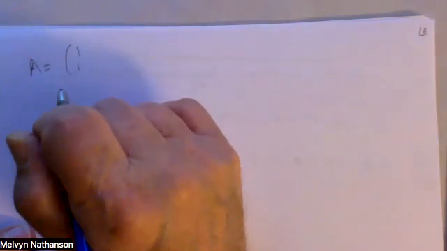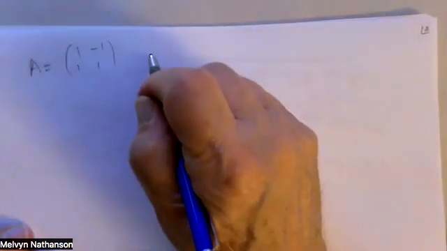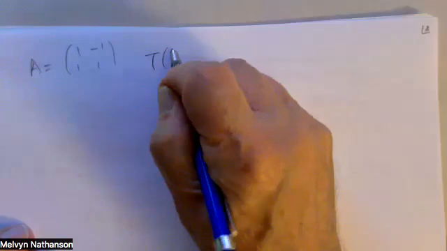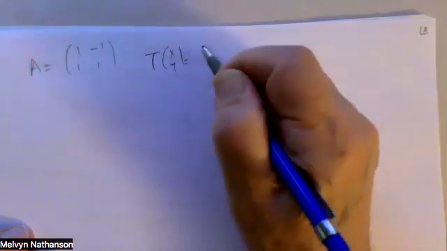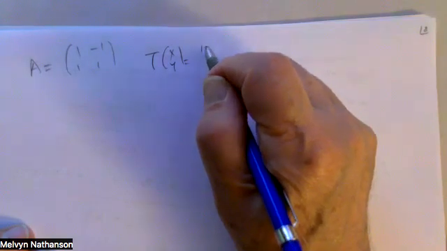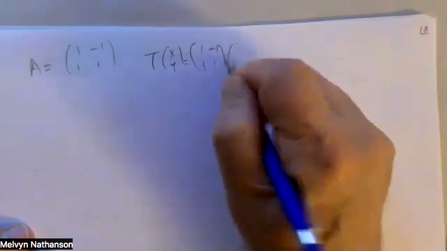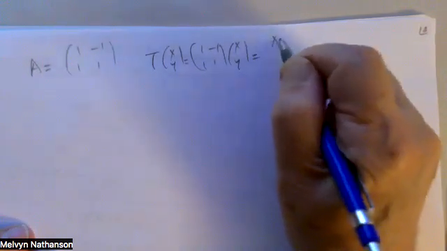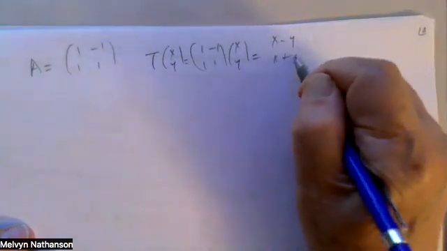Suppose I take A to be the matrix 1, 1, and B to be minus 1. So my corresponding linear transformation T of x, y is the matrix 1, minus 1, 1, 1 applied to the vector x, y. That's x minus y, x plus y.